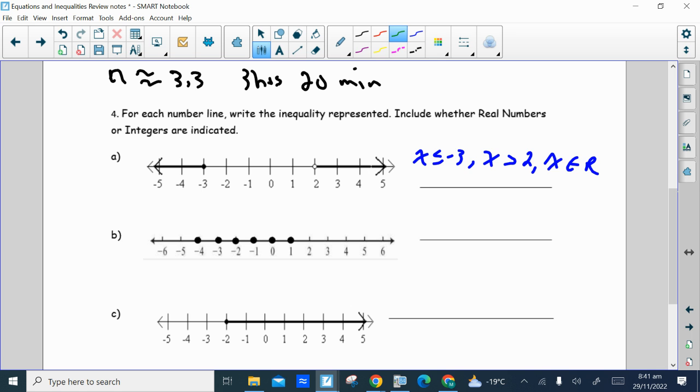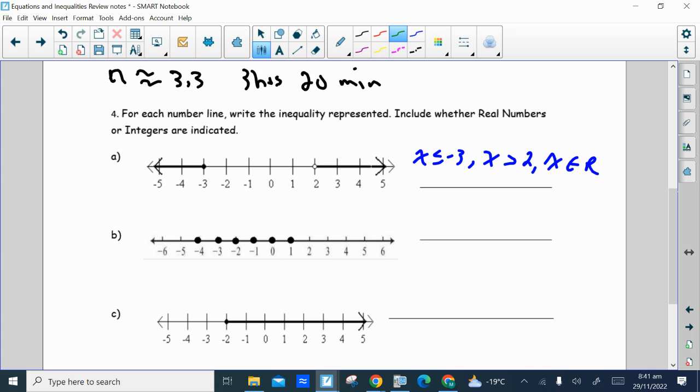And for question B, because there's dots, that's integers. It's only those numbers specifically, not the decimals in between. It starts at 1, which is included because the dot is closed, and the arrow's going off to the left here, which means that that pattern continues. Well, it's hard to know whether that is actually, I think that arrow there is same as the arrow on the right.